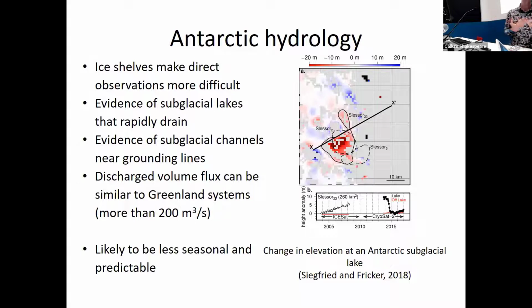So really all of this is to say that although we don't see this clean surface expression of subglacial discharge like we do in Greenland, we would expect subglacial discharge to occur. It's likely to be less seasonal and predictable and happen in a more sporadic, chaotic nature. But once this water is released, there's nowhere for it to go apart from to the grounding line and to form one of these plumes. And just as in Greenland, we'd expect that to be linked with elevated melt rates.